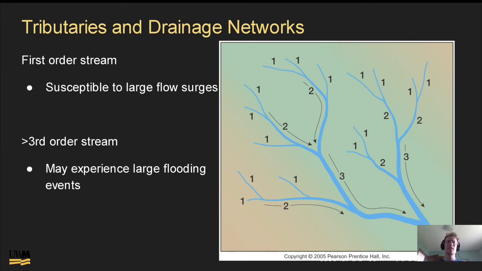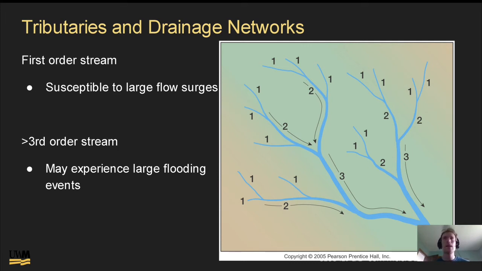And this is a simple way to characterize the type of stream, other than just its hydraulic radius or stream velocity. We can also think of the order of streams, meaning whether this is just a small tributary, first order stream, or a third order plus, meaning it's fed by much smaller streams.